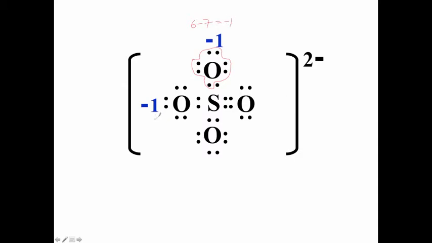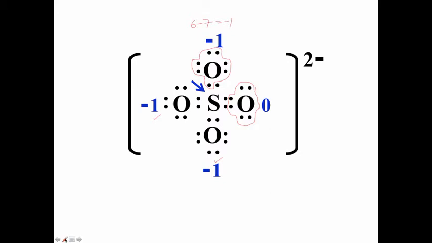That's going to be the same here, and the same here. But on this one, again, we split the electrons in half when they're shared. So for this oxygen, it would normally have 6 electrons. It actually has 6 electrons around it, so that's going to have a formal charge of 0.